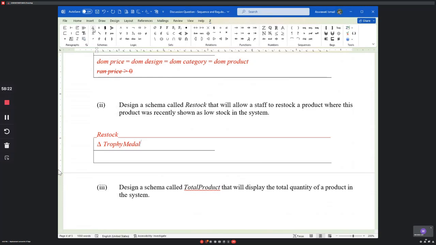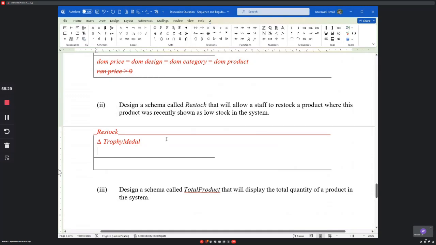Meaning that it will be as a bag. So in this case, your variable declaration, let's say new stock, will be a bag of product. It's a little different from our test, because our test is one item only. Here it is a bag.